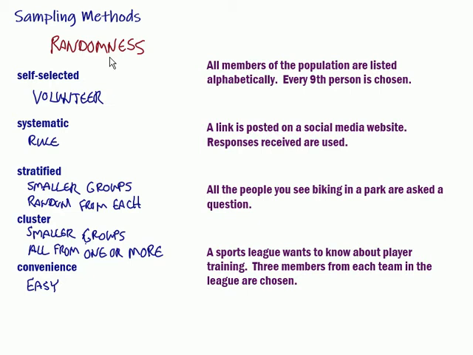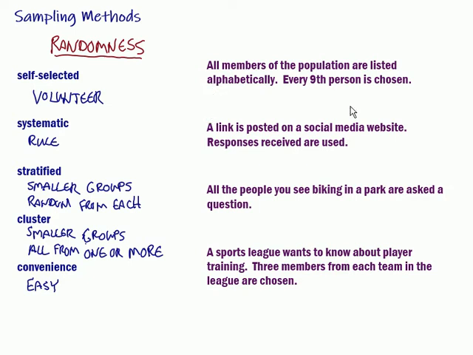Randomness is key. And to be a random sample, every member of the population has to have the same chance of being chosen. And from there we can use a sample then to make some predictions about a population or some conclusions.